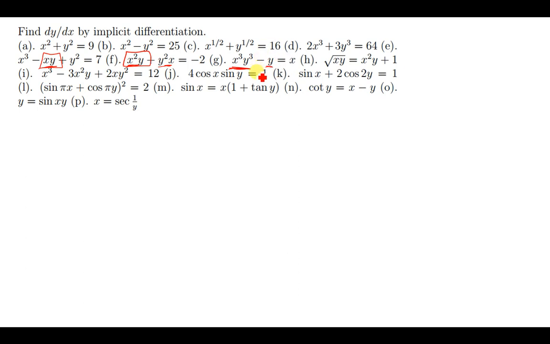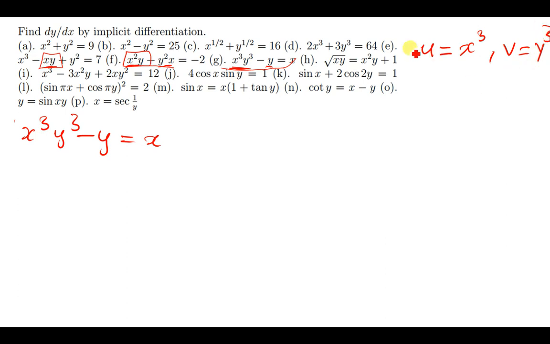Okay, let me differentiate this one, because when I differentiate this one, I guess the rest will be easy. So we have x cubed y cubed minus y is equal to x. Differentiating this first part here, our u will be equal to x cubed, and our v will be equal to y cubed.